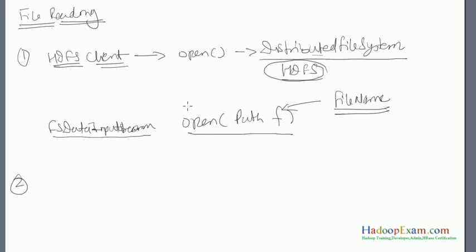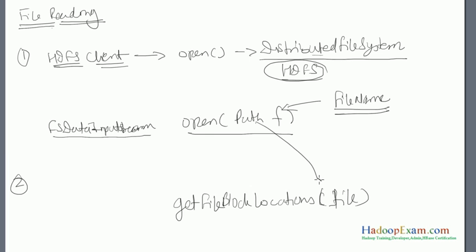So how would the API look? The distributed file system will call get file block locations with the file path, which you have inputted over here, and it will return the block locations over your whole Hadoop cluster.